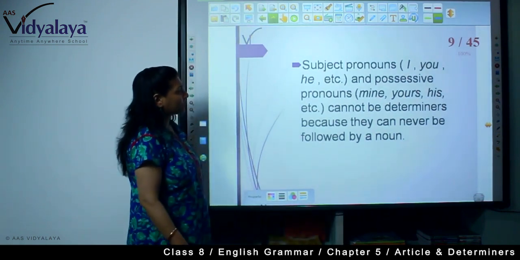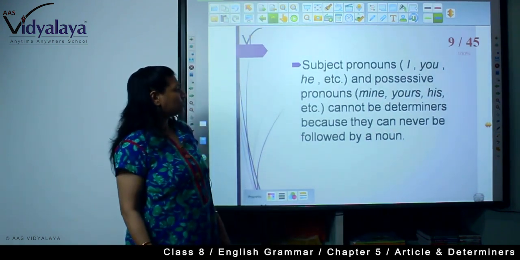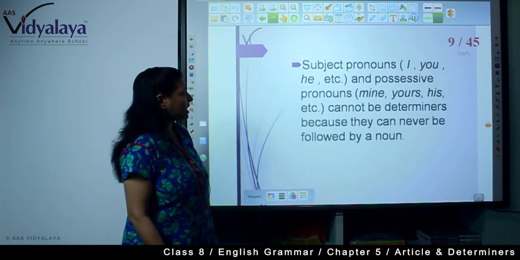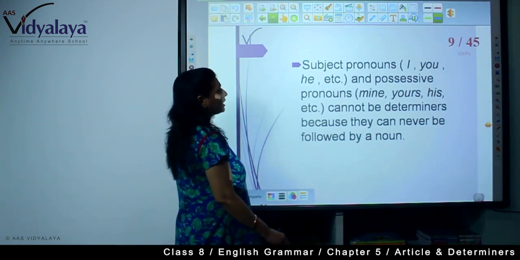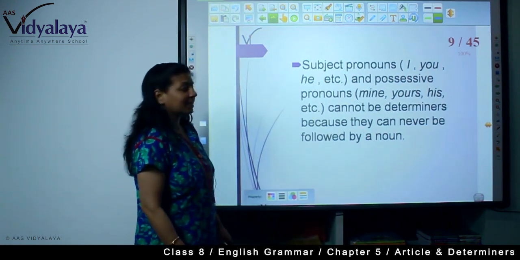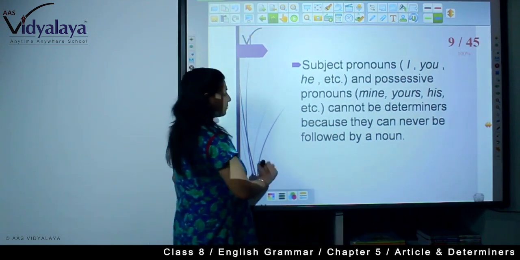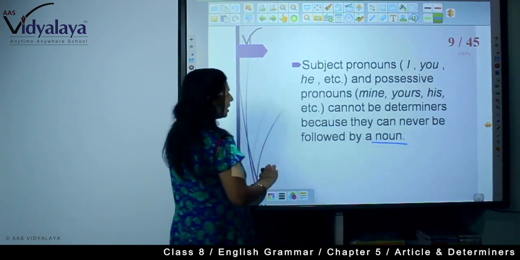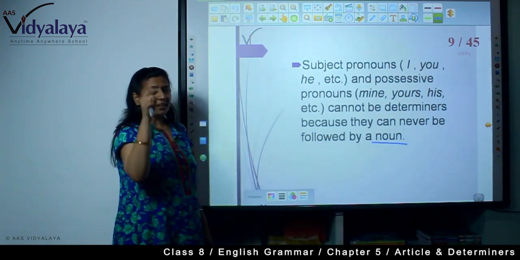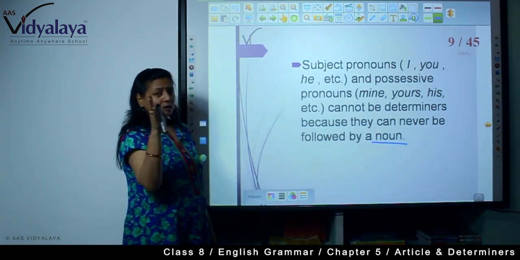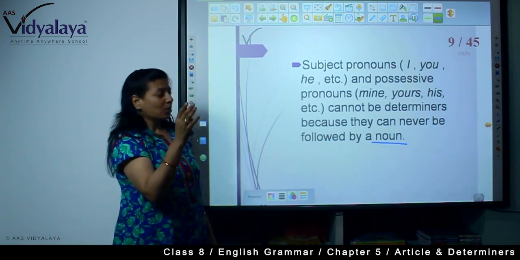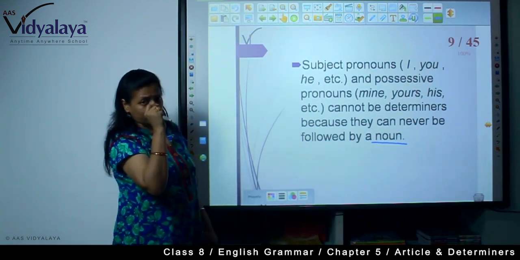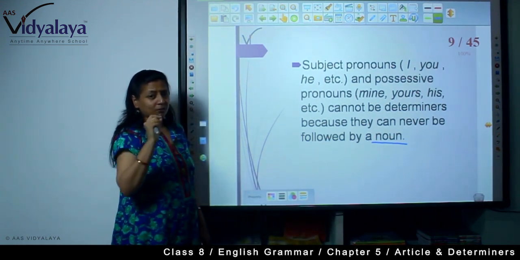Now, subject pronouns, I, you, he, etc. and possessive pronouns, mine, yours, his, etc. cannot be determiners because they can never be followed by a noun. If any word is not followed by a noun, it cannot be a determiner.